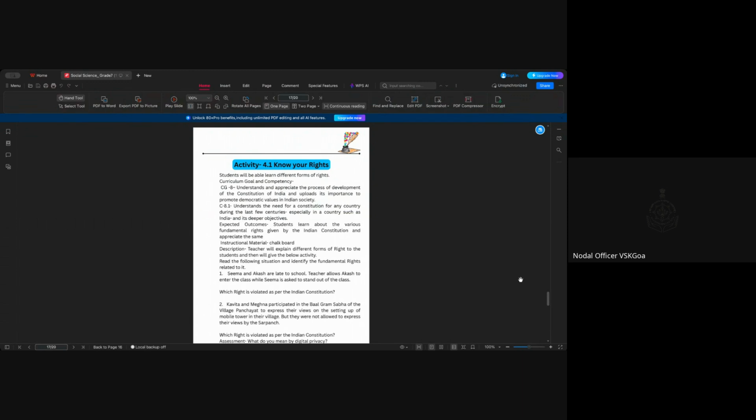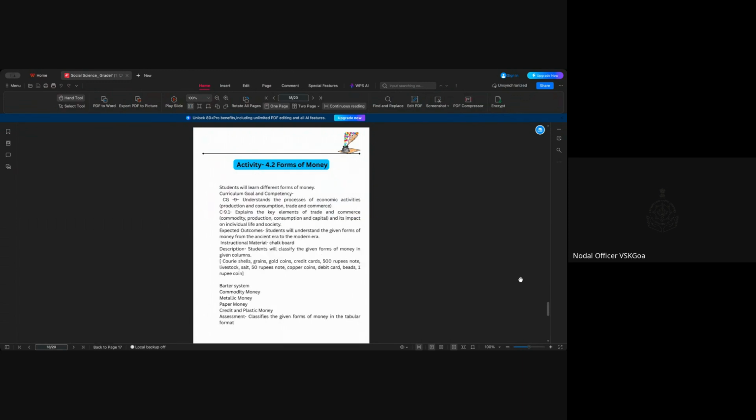Next, we have the activity for week 4, the forms of money. Here also the teacher can conduct an activity where students learn the different forms of money. The main curricular goal here is to understand the process of economic activities like production and consumption, trade and commerce.